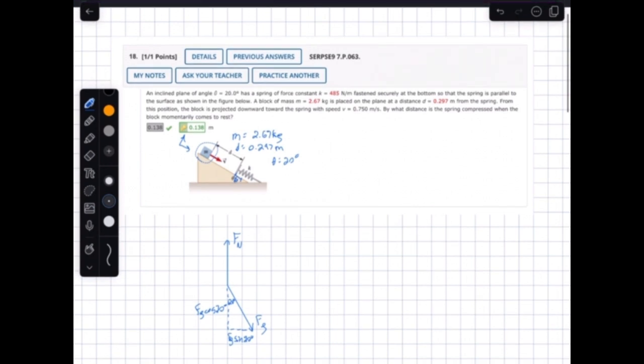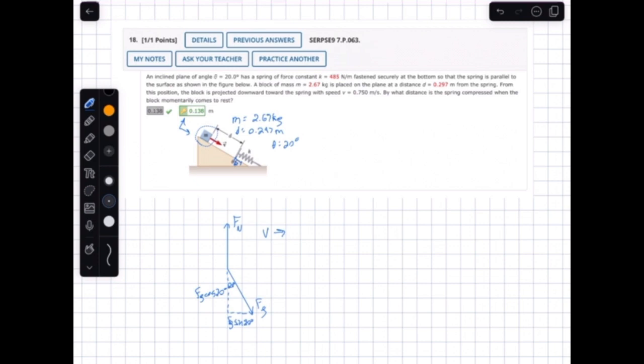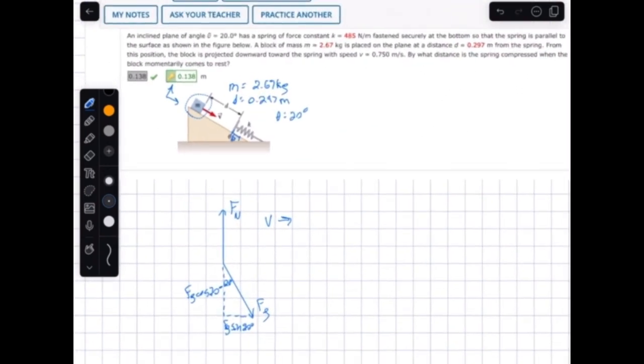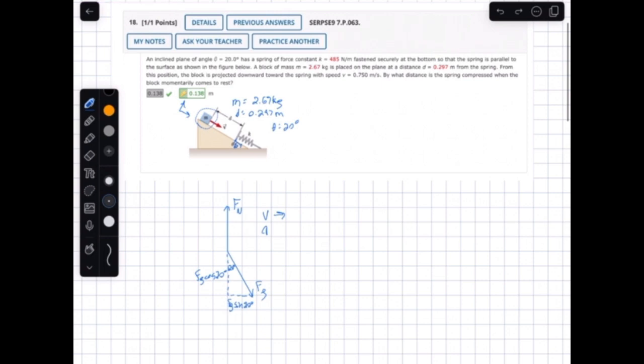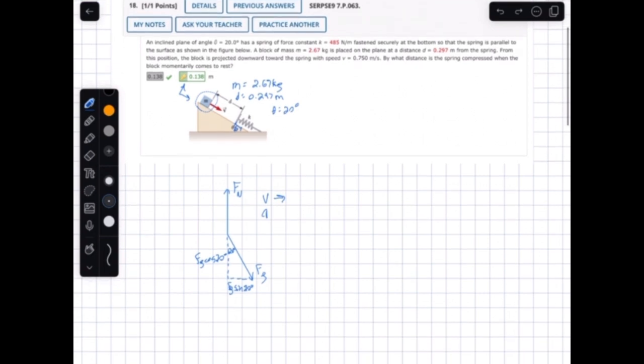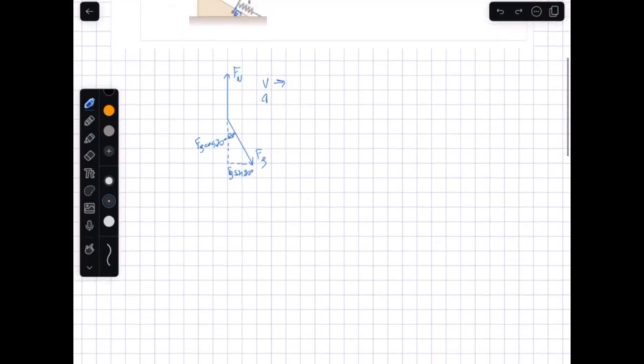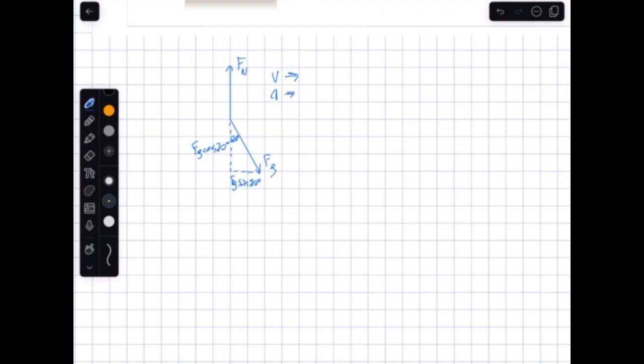We have the velocity pointing down the ramp, momentarily compressed, and so acceleration is going downwards as well, the same way as velocity. We're assuming this is frictionless, so we have velocity and acceleration this way.